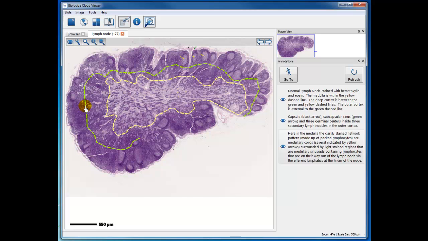And then the lymph percolates through the cortex, through the deep cortex, and then it's collected in the sinusoids, the medullary sinusoids, and then it flows out through the concave part, which is a very small area due to this plane of section. But then the lymph exits by way of efferent, going away from, lymphatic vessels.